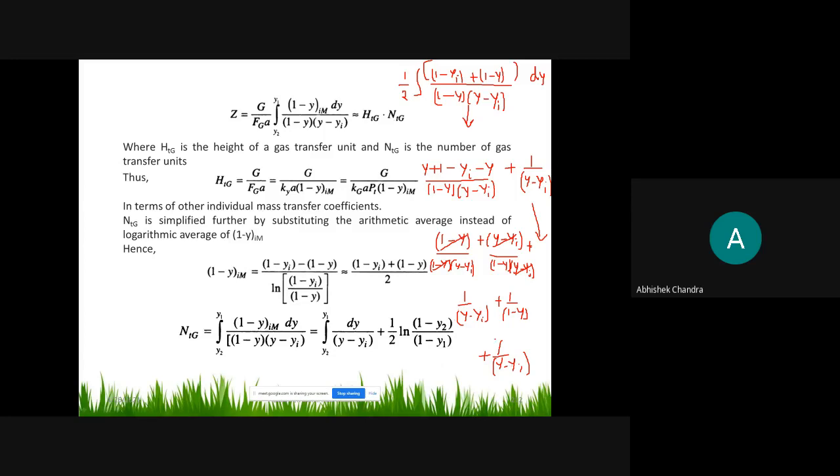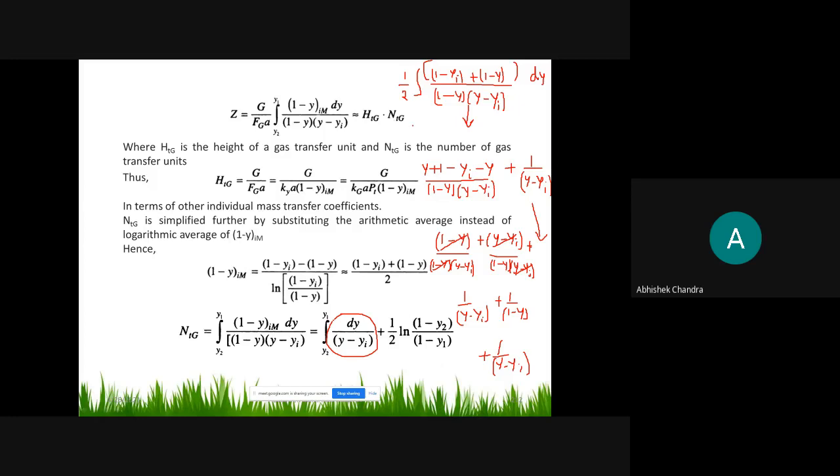When we are adding, this is 2 times, and already 1 by 2 is outside, so the 2 cancels out. So you will get dy upon y minus yi, because you get two terms of this 1 upon y minus yi.